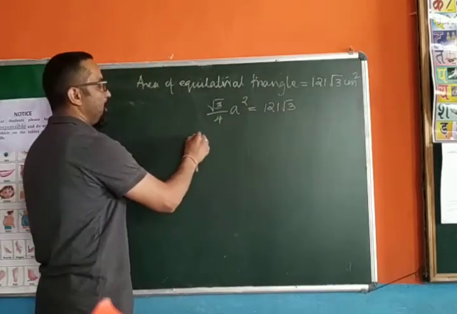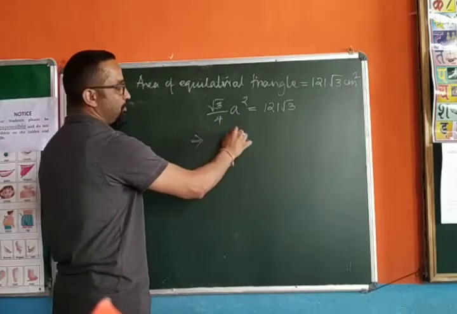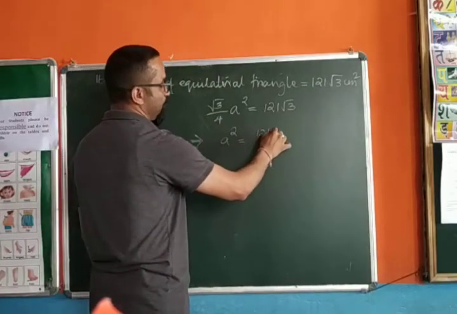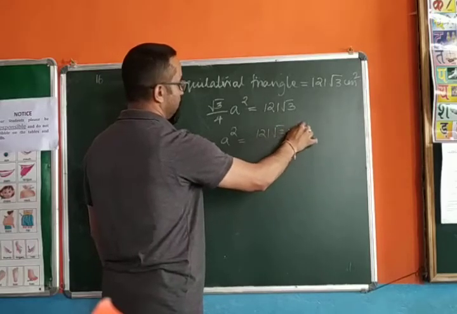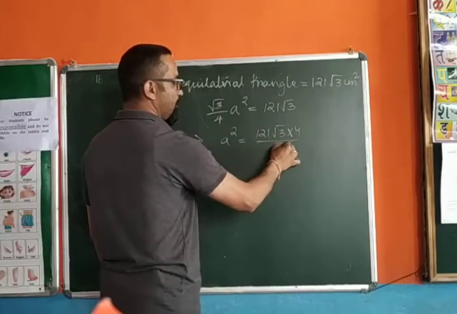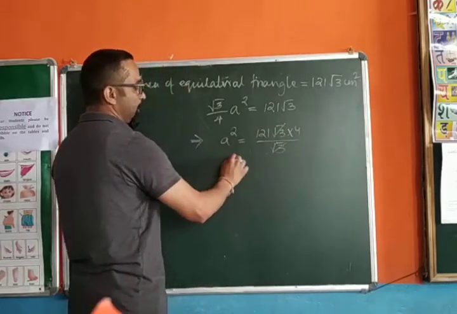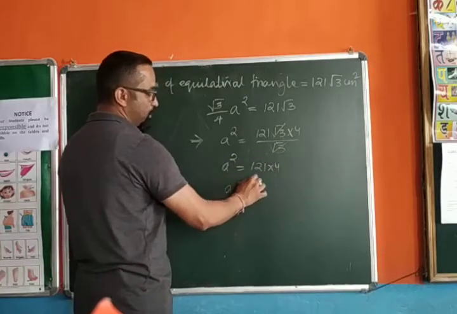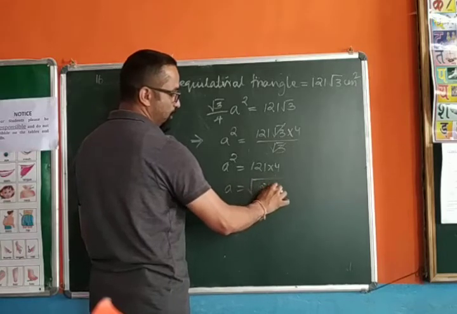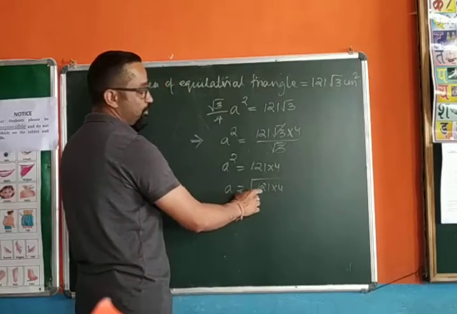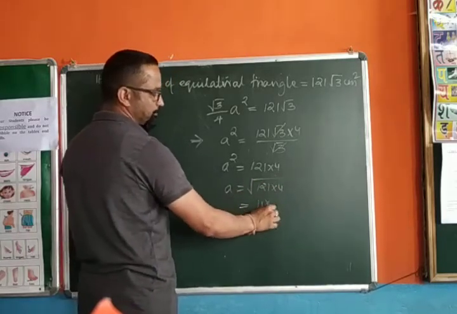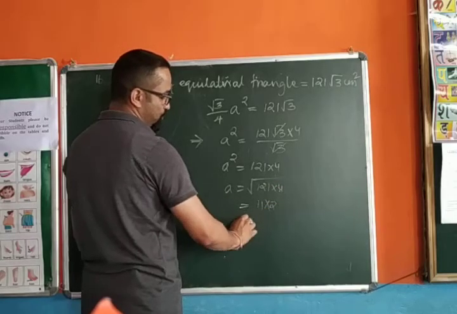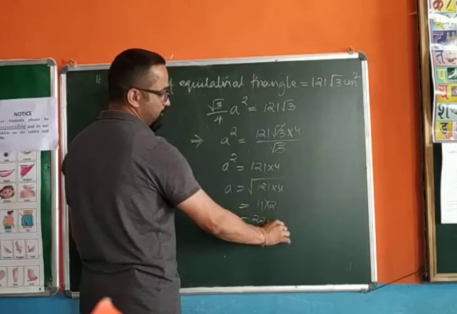Cross multiply, make a squared the subject of formula. a squared is 121√3 into 4 divided by √3. √3 cancels. a squared equals 121 into 4. a equals √(121 into 4). Square root of 121 is 11, square root of 4 is 2, so you get 22 centimeters.